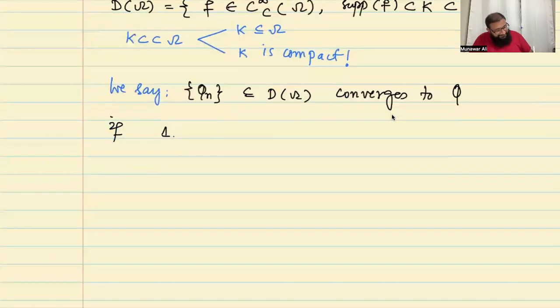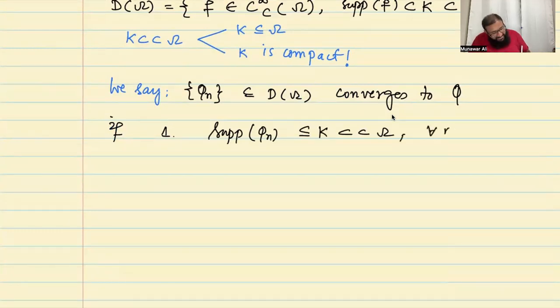One thing is that the support of each phi_n should be contained in K, and K is compactly contained in omega. It means the support of each of these phi_n should be contained in one compact set. Let's say that compact set is K for all n from the natural numbers. So this is the first condition for convergence.